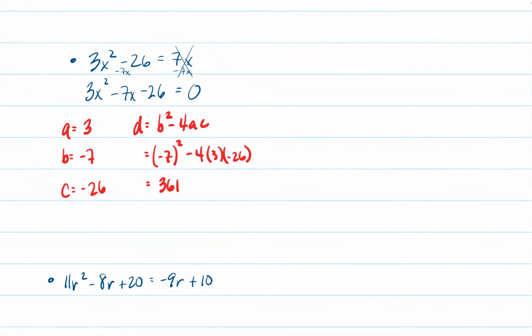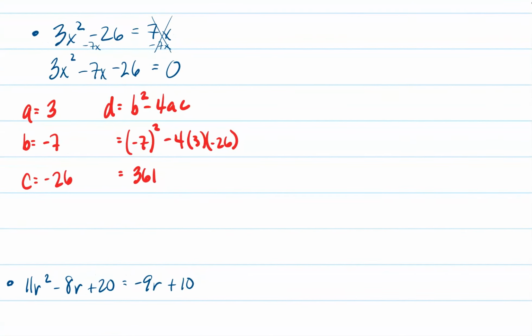I don't know what the answers are just yet, but I do believe that we will get some fine answers because the solution for x must be the opposite of negative 7 plus or minus the square root of 361, and all of that divided by 2 times our A value of 3.